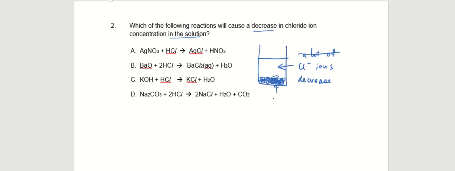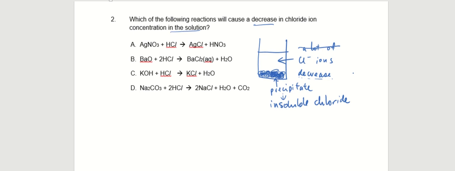So we are looking for a precipitation reaction. That means we are looking for an insoluble chloride, because an insoluble chloride will take away the chlorides from the solution, causing a decrease in the chloride ion concentration.